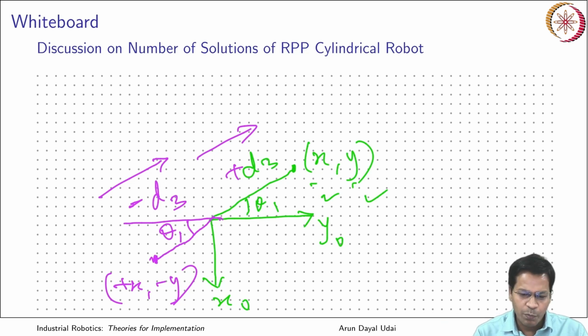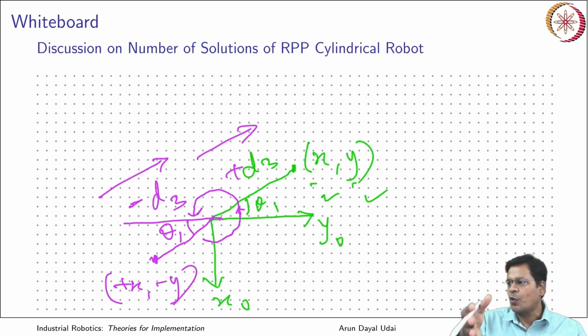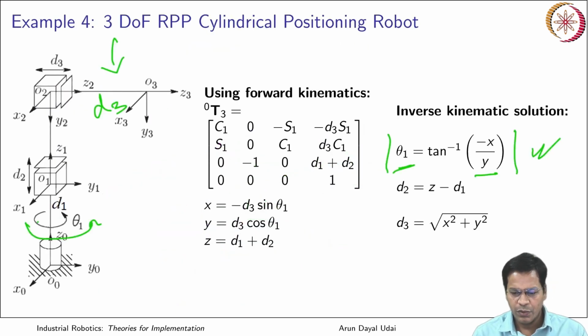Your robot has turned not just till here, it has gone till here. So this time, instead of moving forward, you have to go backward and achieve the same x, y. So this is how you see you have how many solutions? 2 solutions which are quickly visible.